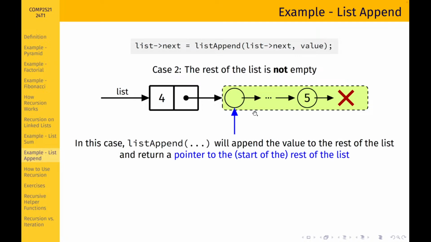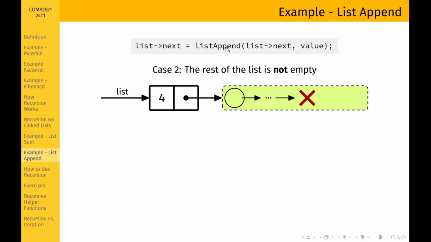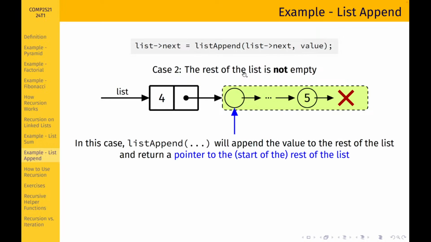Now, what is list append going to do? What is this function call going to do? Well, assuming that the function does what it's supposed to do, it's going to append the value to the rest of the list. So it's going to add the value to the end, and it's going to return a pointer to the start of the rest of the list.